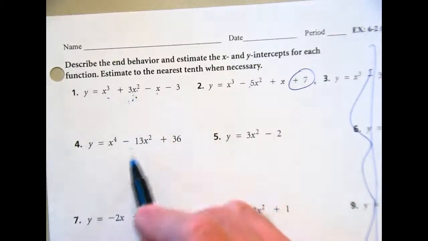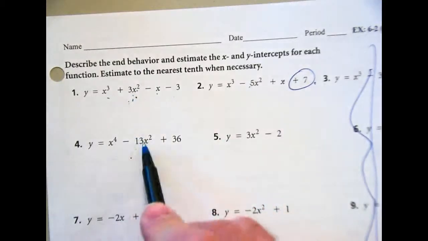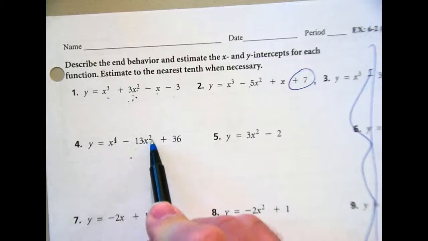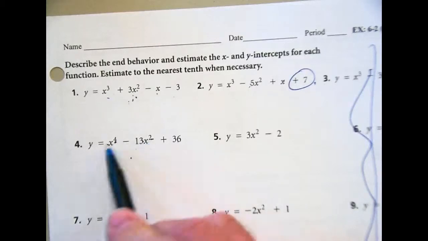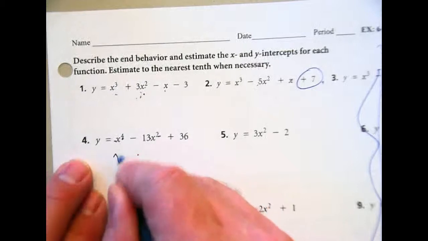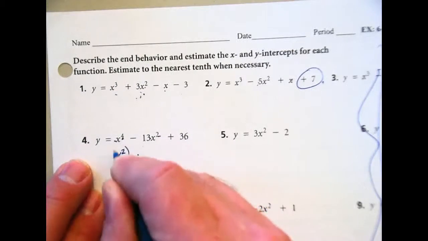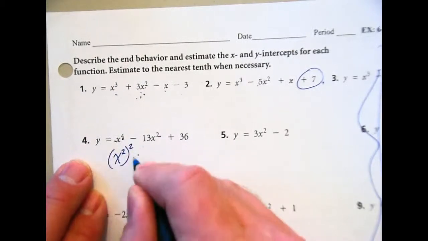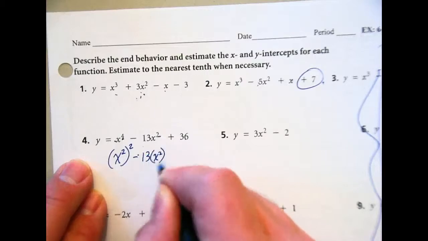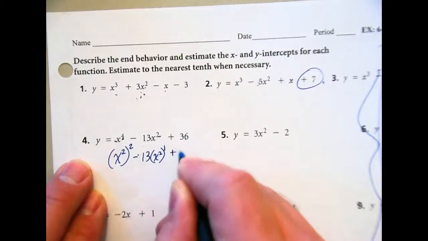This one right here, you should look at and go, whoa, that's a 4th power. So as long as this is half, if that power is half of that, you can work on factoring that. And we talked a bit about that yesterday where we said we can write that as x squared, squared minus 13 times x squared to the first plus 36.